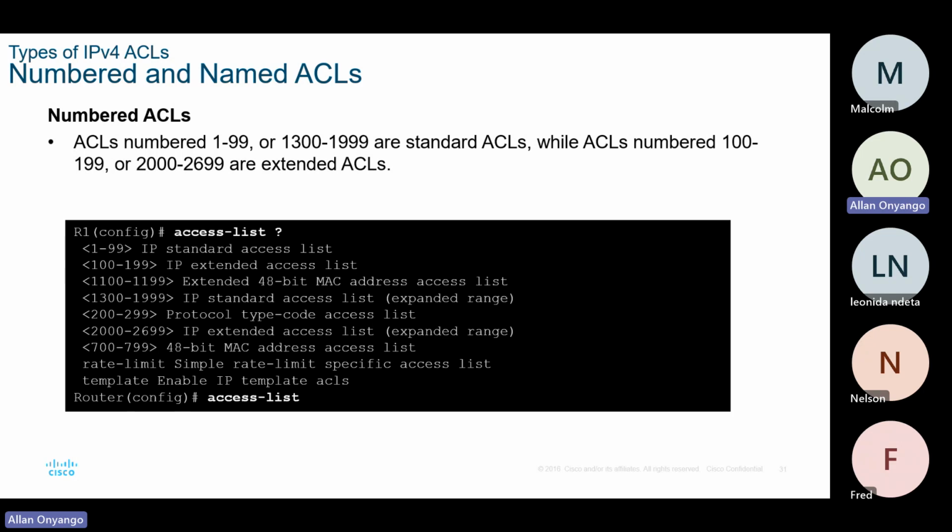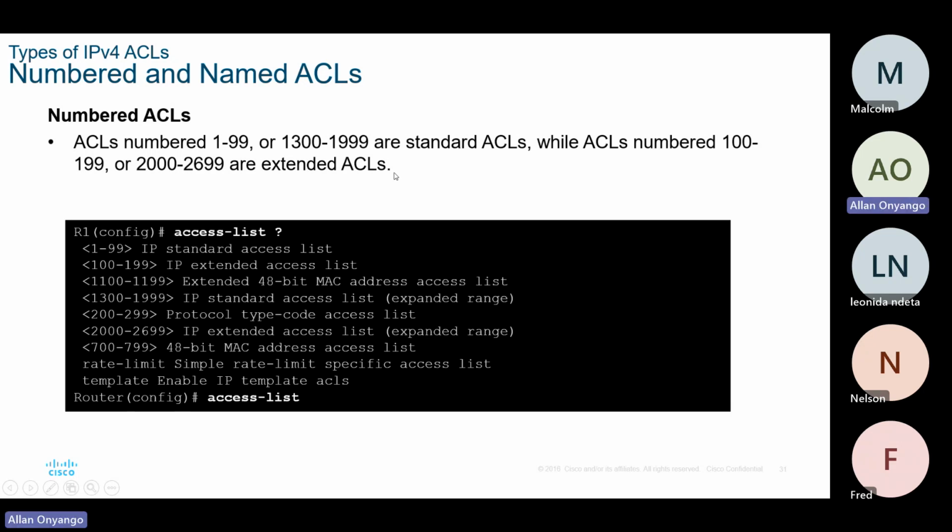If you exhaust 1 to 99, then you have to use 1300 to 1999. Those are numbers reserved for standard ACLs. Any number between 100 and 199, or 2000 to 2699, are extended ACLs.